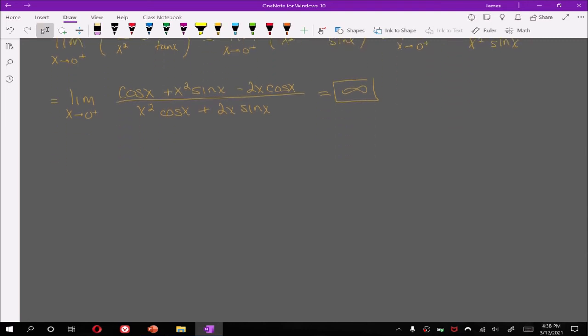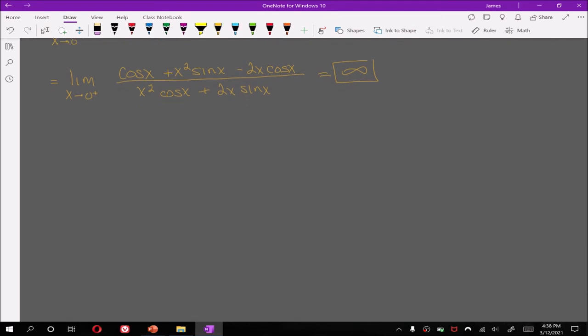All right. Let's now look at the limit as x approaches infinity of x to the 1 over x. Now, here, we're going to get infinity to the 0. Well, that's definitely not proper form. But what we can do is write this as the limit as x approaches infinity of e to the log of x to the 1 over x.